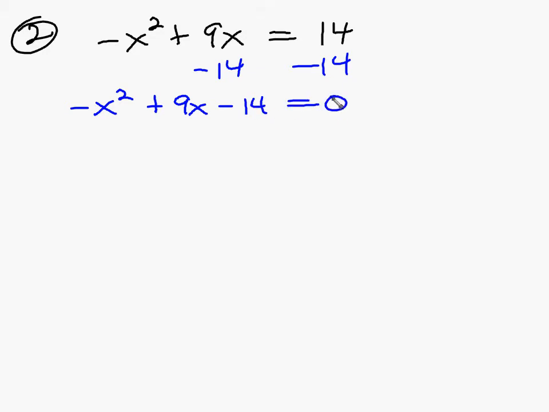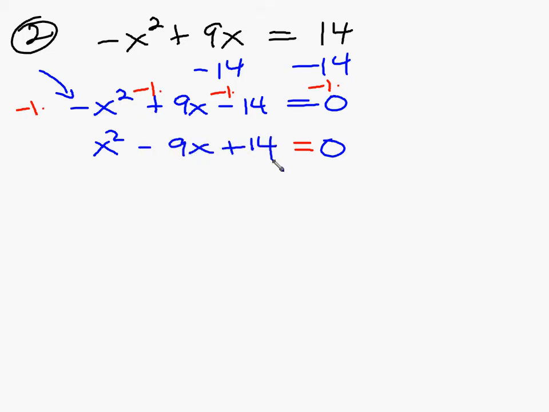Now, if it were me, the next thing that I would do is multiply by -1, because I don't like to factor when the x squared term is a negative. So I'm going to multiply -1 by all of these terms. Remember, I have to do it to this side too. Even though we know it's going to be 0, let's make sure our algebra steps make sense. So now I'm going to have a 0, of course, and I'm going to have x squared minus 9x plus 14 equals 0, and I feel better already.